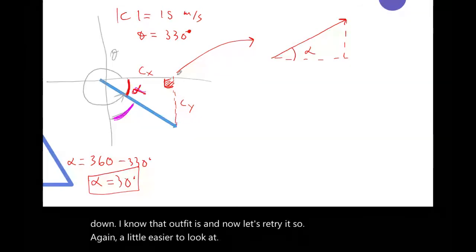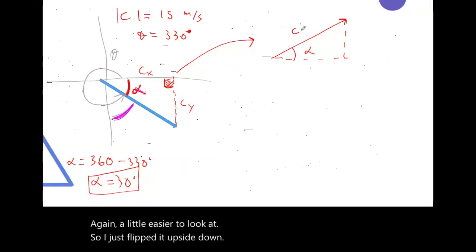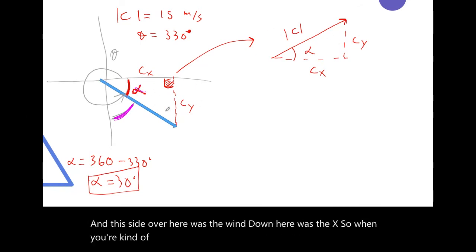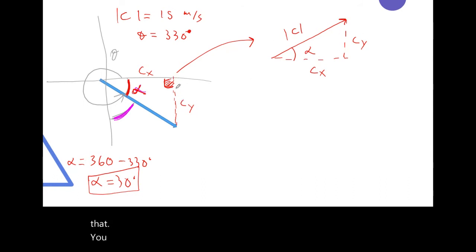So I just flipped it upside down. And this side over here was the y, and down here was the x. So when you're reorienting your triangle, just be careful to make sure that your sides stay the same when you flip it or invert it.